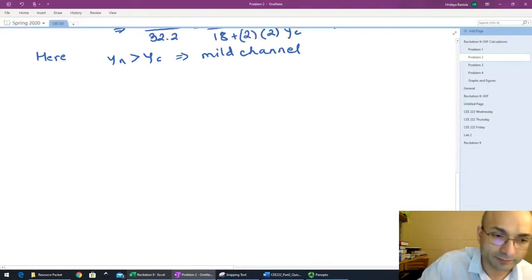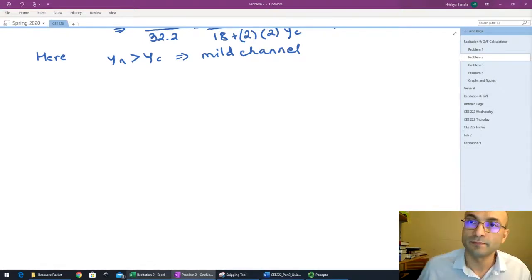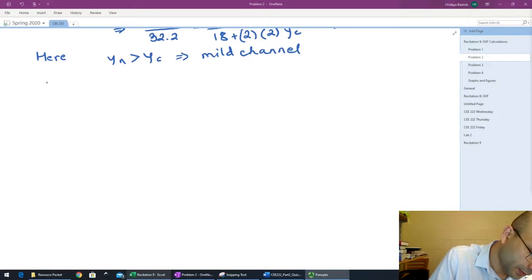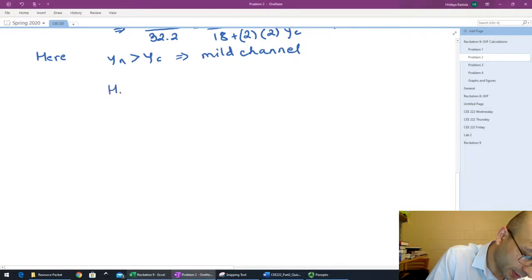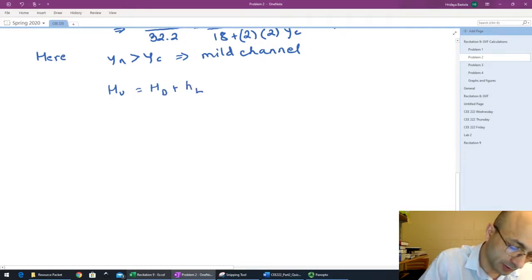Using the energy conservation from upstream to downstream section, we can write H upstream equals total energy downstream plus the energy lost.